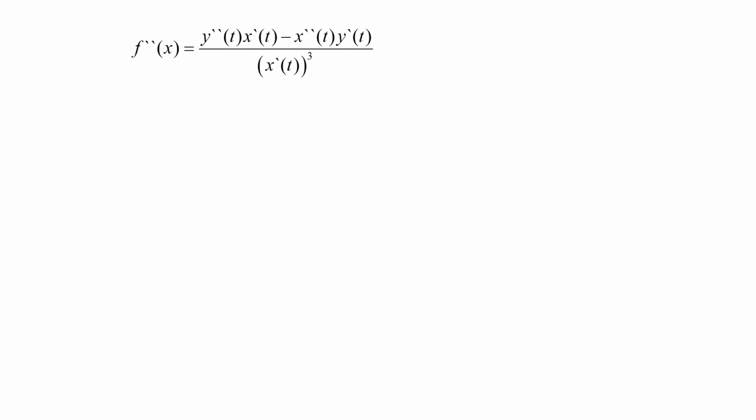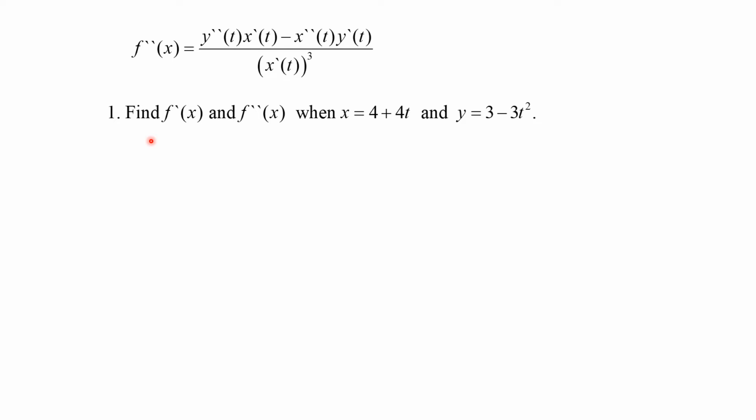So as you can see, you can summarize your second derivative formula using the Leibniz notation: y double prime times x prime minus x double prime times y prime, over x prime cubed.